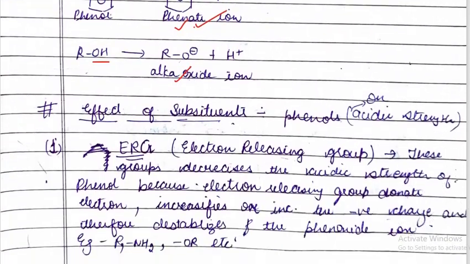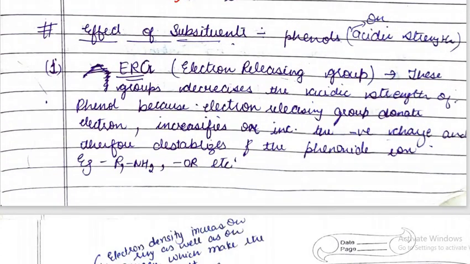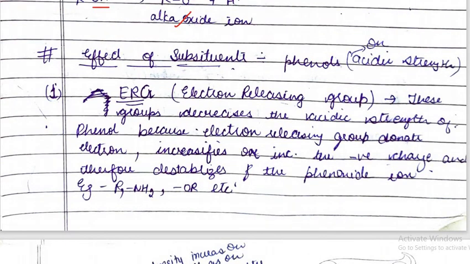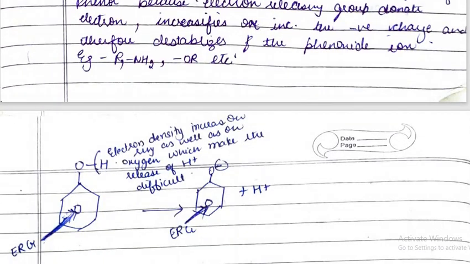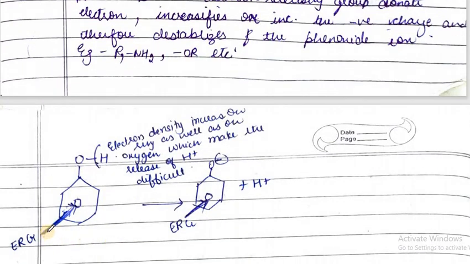So next is the effect of substituents. What is the effect on the acidic strength of phenol due to the presence of substituents? First we take up electron releasing groups. When electron releasing groups are present, they increase the electron density on the benzene ring.